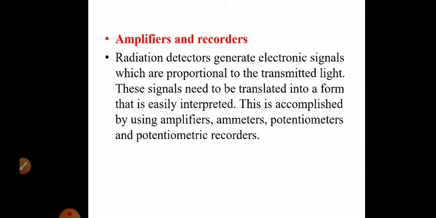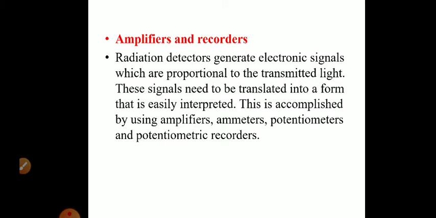After a detector, there is an amplification and readout compartment. The radiation detectors detect the radiation and generate an electronic signal proportional to the amount of transmitted light. This signal needs to be translated into a form that can be easily interpreted.